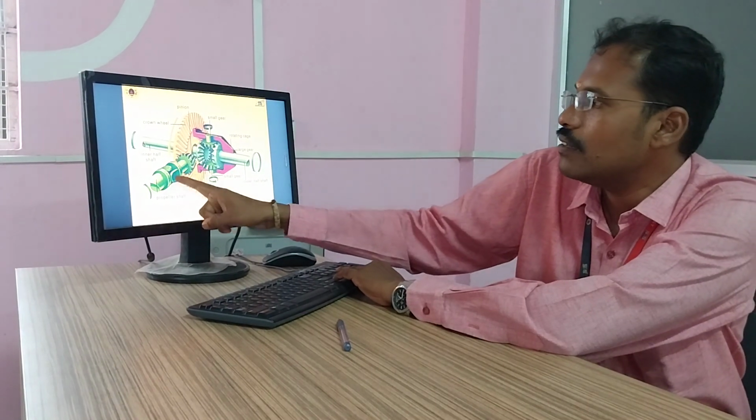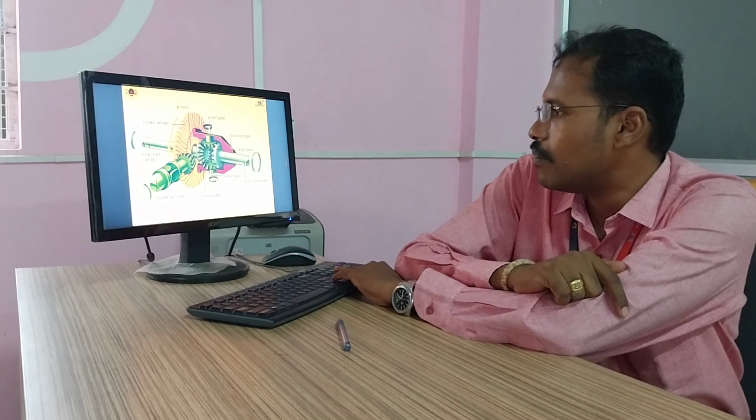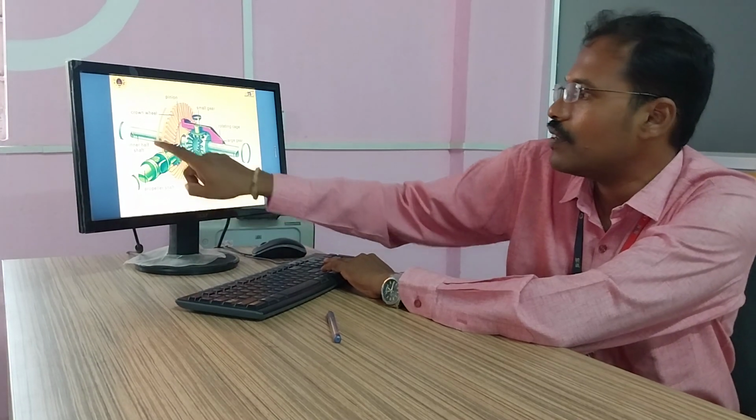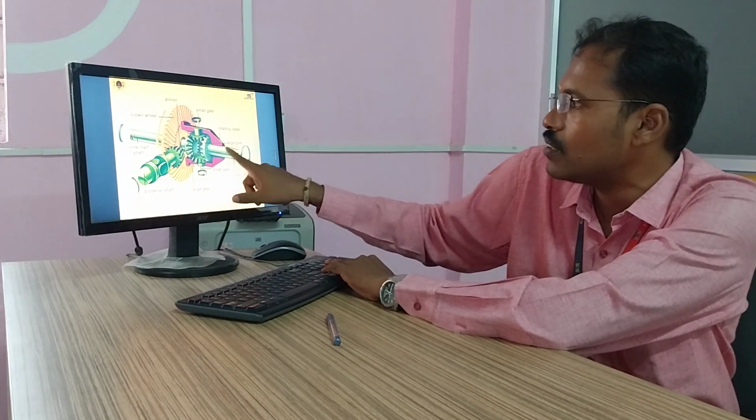For example, we take a propeller shaft. In automobile applications, for perpendicular power transmission, we use the bevel gears. The propeller shaft and main shaft relationship is fully perpendicular. For example, take shaft 1 and shaft 2. The relation is fully perpendicular.